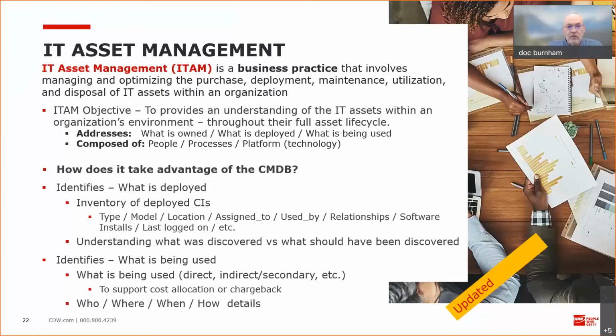When it comes to virtualization, if it's a virtual device out there, we want that as a CI. It still has software installed on it, so we can track that. We can do cost utilization or allocations or chargebacks. But since it's a virtual device, we do not want that to create an asset because you don't own that asset part of it.